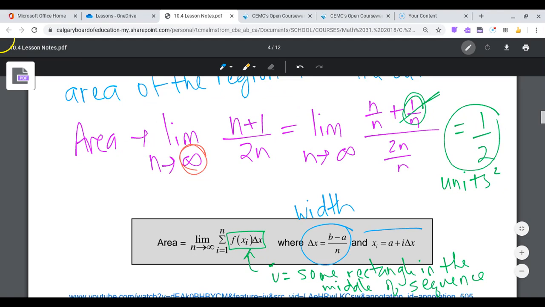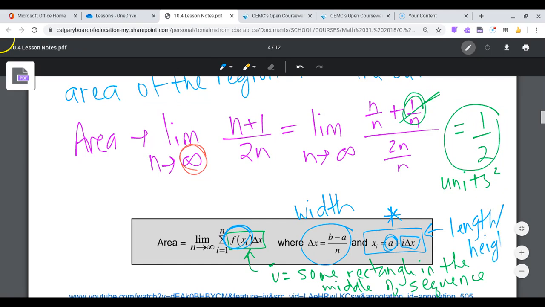And then x_i is equal to the left boundary a plus the width of some rectangle in the middle, whichever one it is that you're trying to find. This is really important, okay? So this helps you to find your f of x_i piece. And I don't think these are on formula sheets, okay? So this is important in helping you find your length or your height.